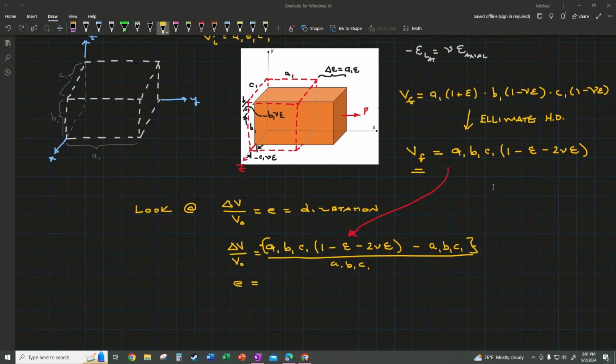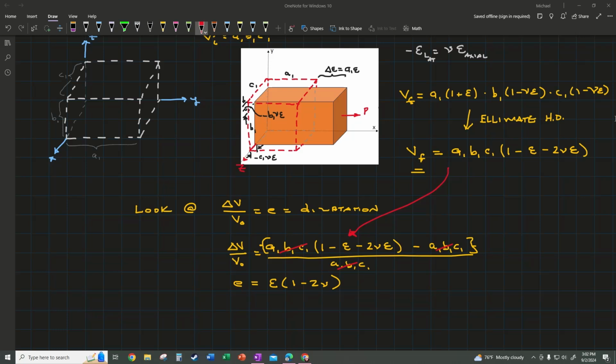And this is our dilatation again, and this leaves us with our strain times 1 minus 2 nu, since the A1, B1, C1s cancel out.